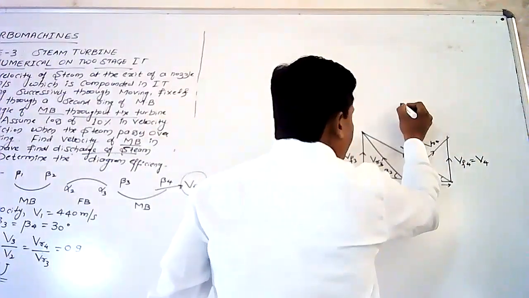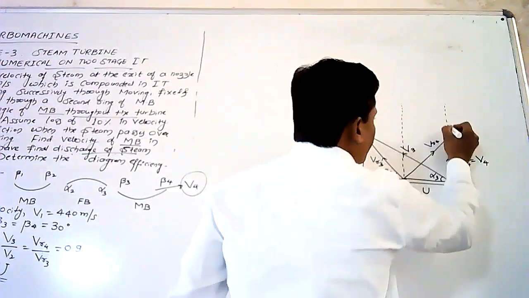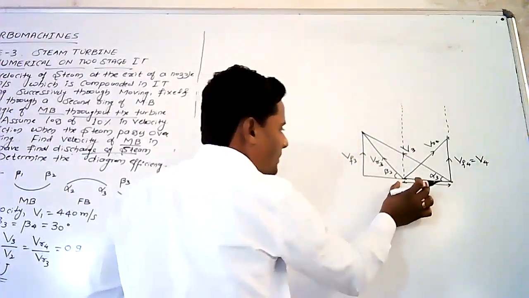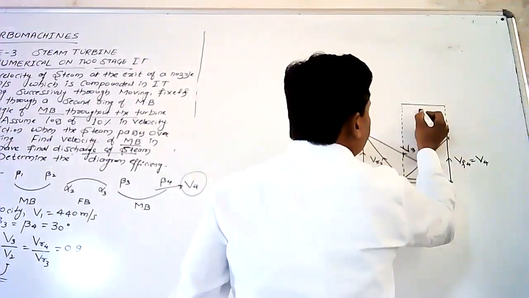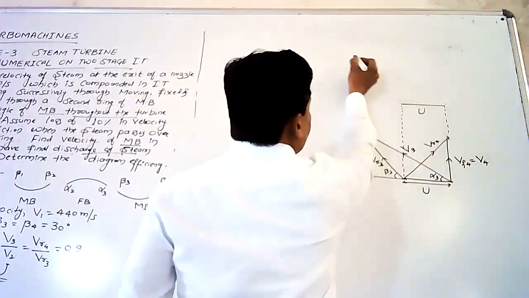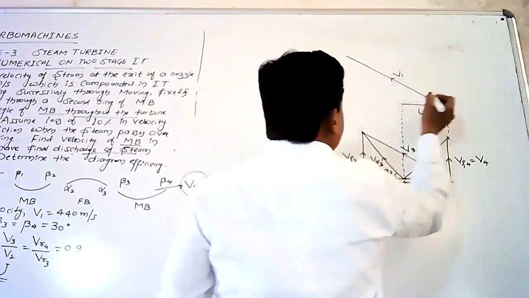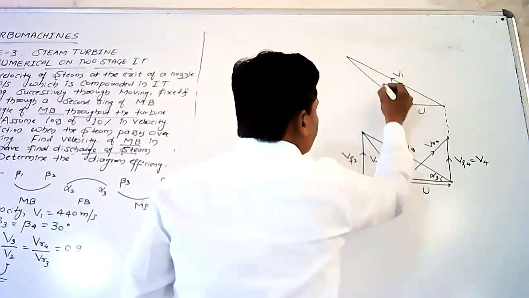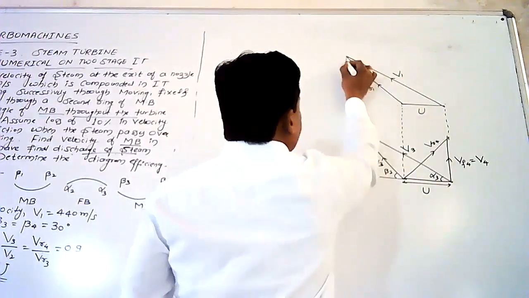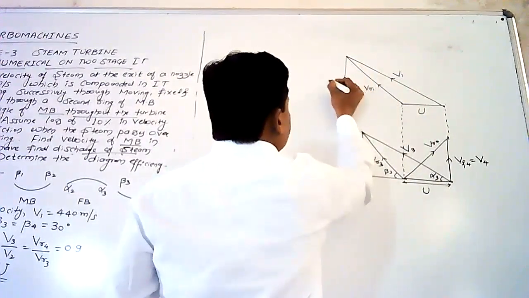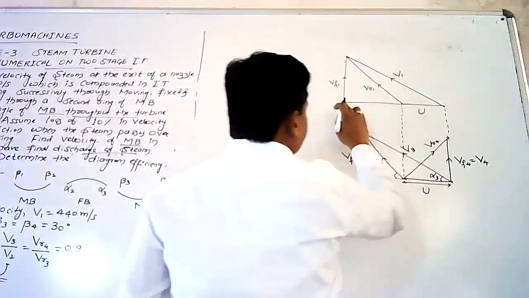After this sketch, we can draw two vertical loci, one from this point and another from this point. This is a common base U. This is V1, the absolute velocity, this is VR1, the relative velocity, and this is VF1, the flow velocity component. Just join these two points.